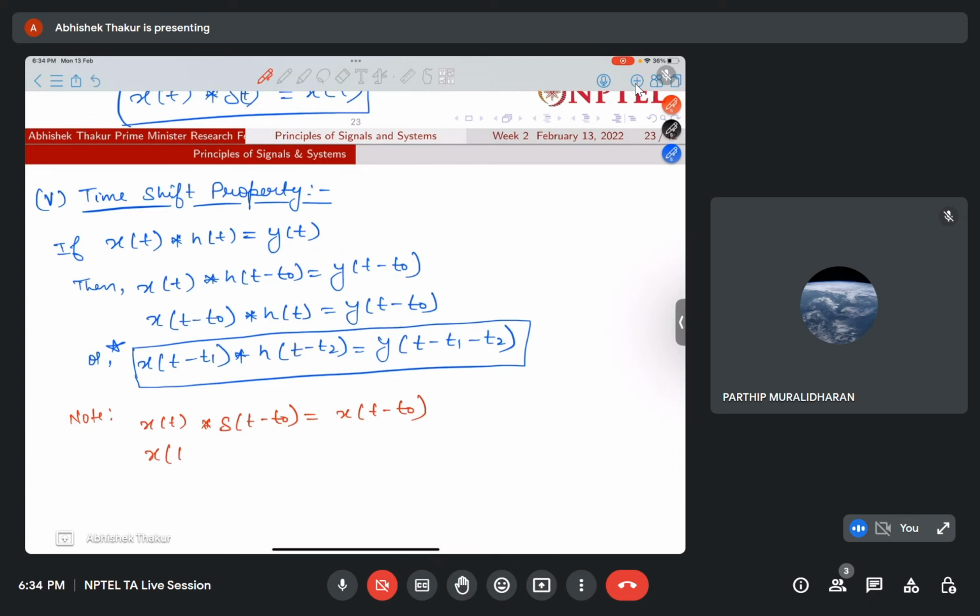And when x(t minus t naught) is convolved with delta(t minus t1), then using the above formula, it will be x(t minus t naught minus t1). Okay, understood? These are very simple. Now we'll see two more properties, and after that, today's topic will be over.